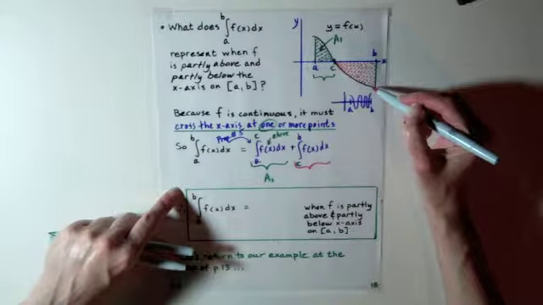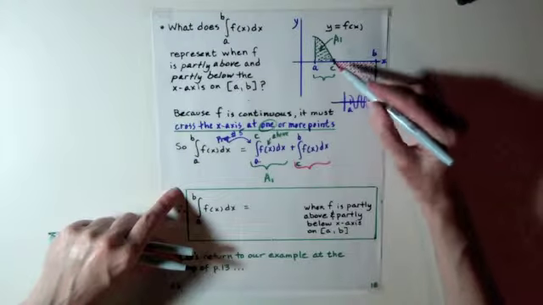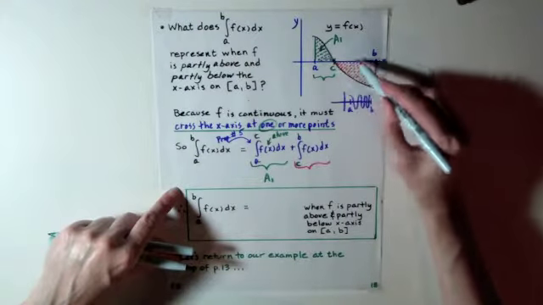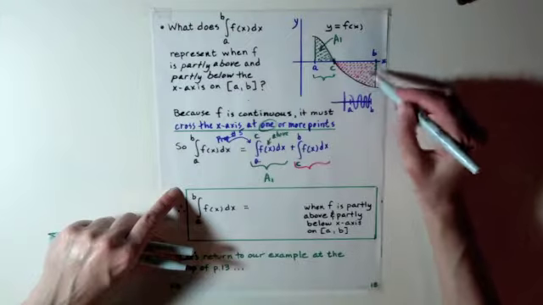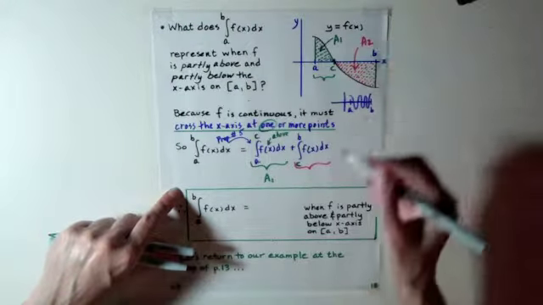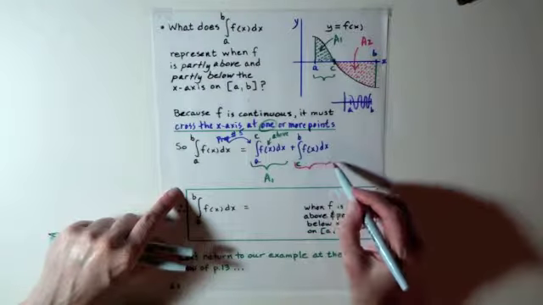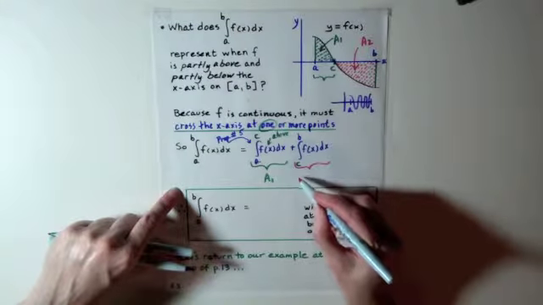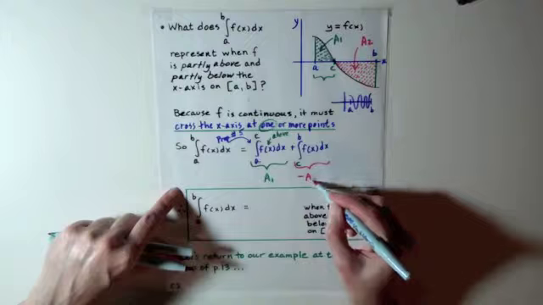It actually represents minus whatever the area is between our black curve and the x-axis. This will have some value. Let's call it A2. So this definite integral will be minus that area.